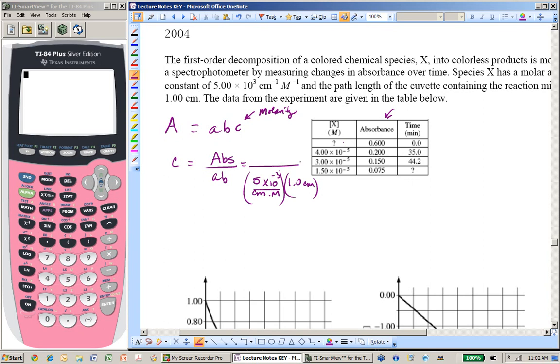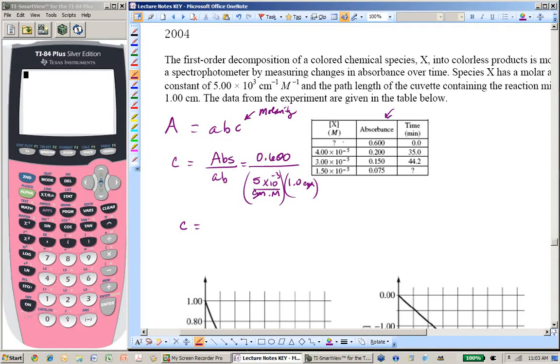Okay, and the absorbance is sitting there in the table of 0.600, and it's naked. Relish the naked number. So I can actually calculate what the concentration is, and it's going to come out in molarity because I've got a 1 over a molarity in the denominator, and so when that flips up to the numerator, it's going to be an ordinary molarity, which is a good thing if I want concentration and molarity, huh?